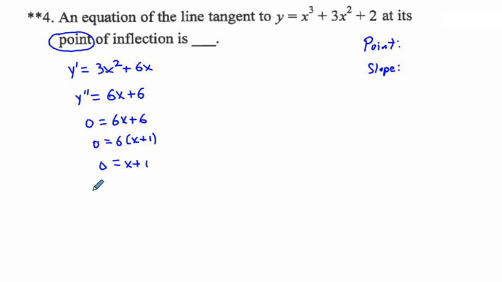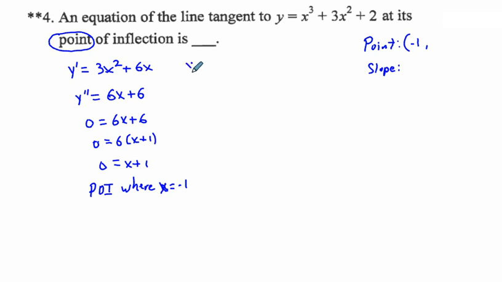So we have a point of inflection where x is equal to -1. Can you see that? Because we solve for x, we get x equals -1. So our point is going to be (-1, something else). What we have to do is plug -1 into this first function.